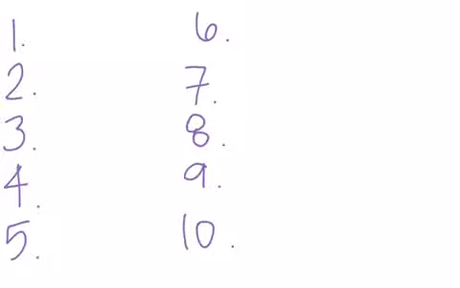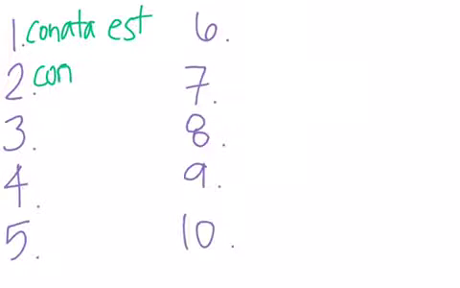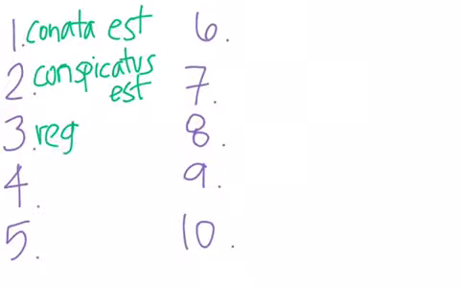So I'm going to give you the verb that you need to circle, but then I want you to translate the sentence. Okay, so number 1 should be conata est. Number 2 should be conspicatus est. Number 3 should be regressa est.